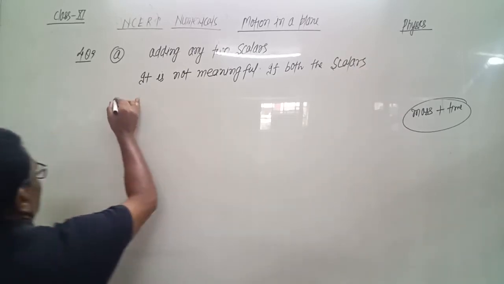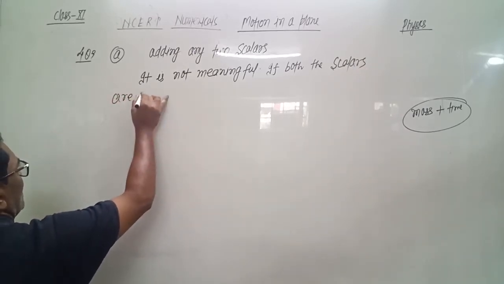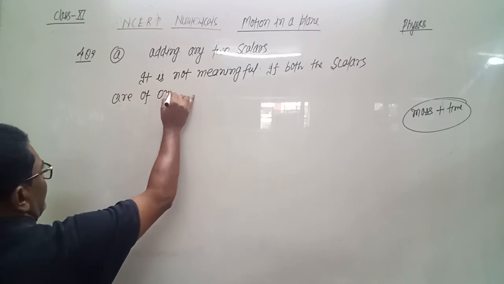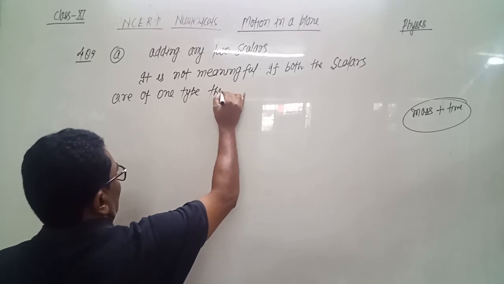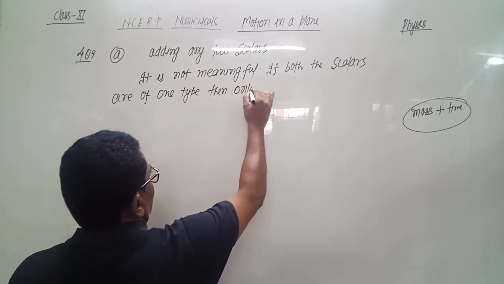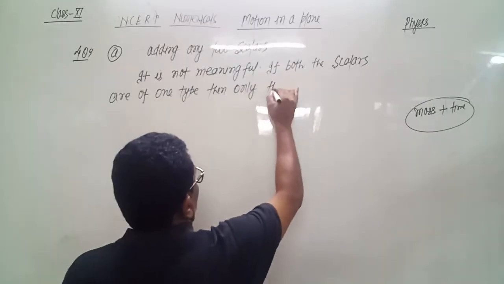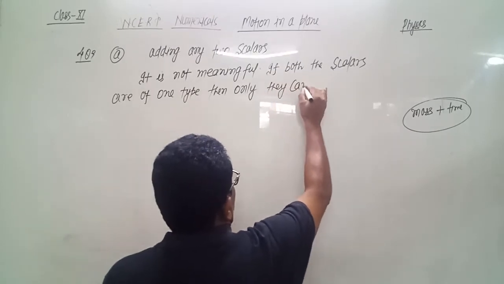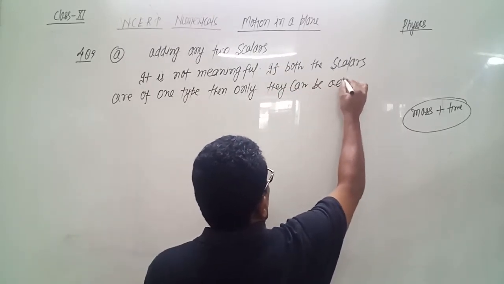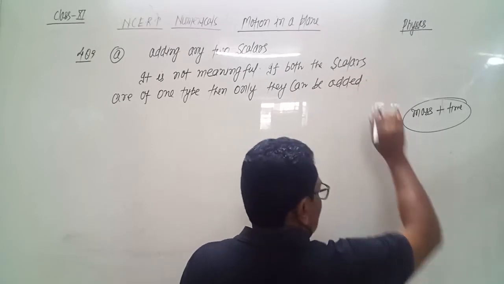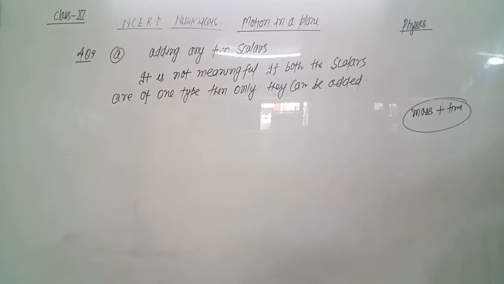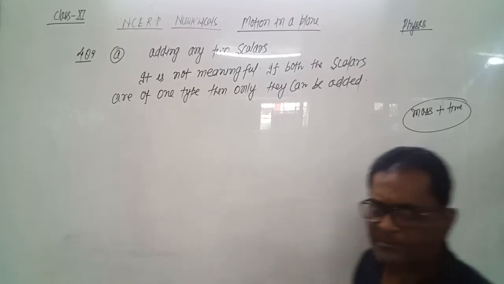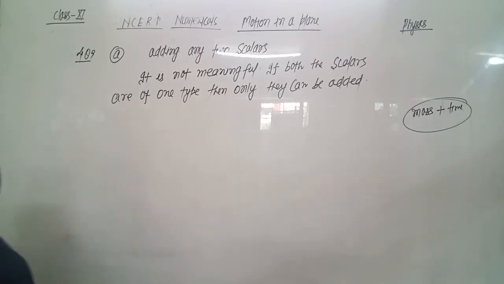If both the scalars are of one type, then only they can be added. Means two scalars of different types can't be added. Mass and time are two scalars of different type, so they can't be added.